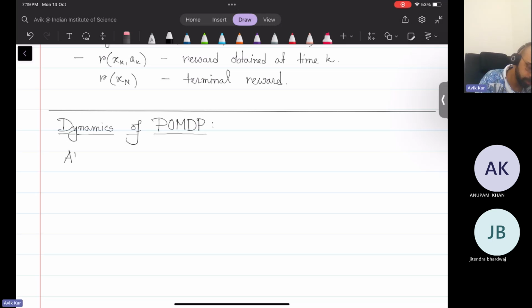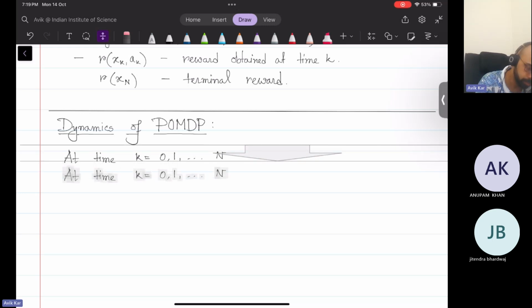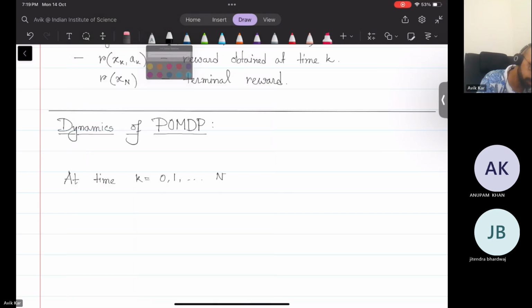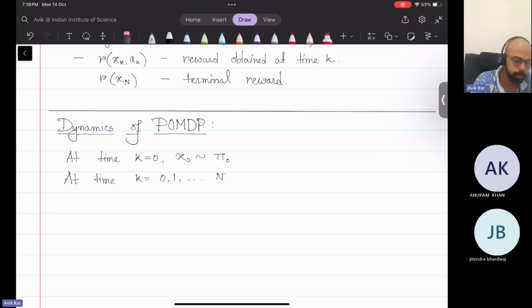The time will evolve from 0 to capital N, at time k equals 0, 1, ..., N. First there will be an initial state, at time k equals 0, which is state x naught, sampled from the initial state distribution pi naught.